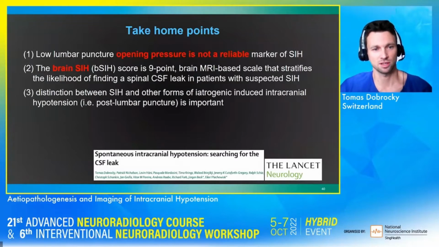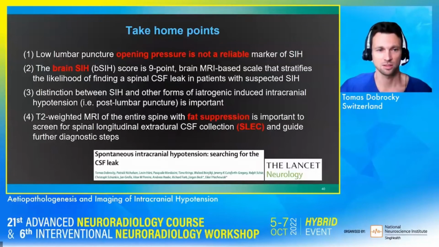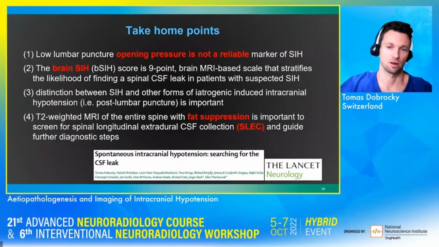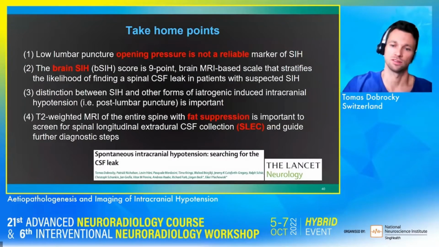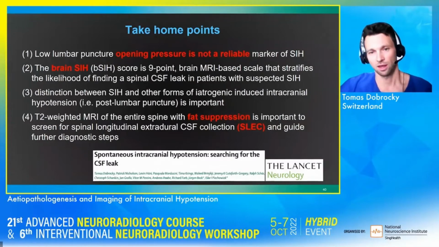It is important to make the distinction between SIH and other forms of induced intracranial hypotension, for example, after lumbar punctures. And the T2 weighted MRI of the spine is a very important tool to differentiate between patients with different leak types, if they are SLEC positive or if they are SLEC negative.